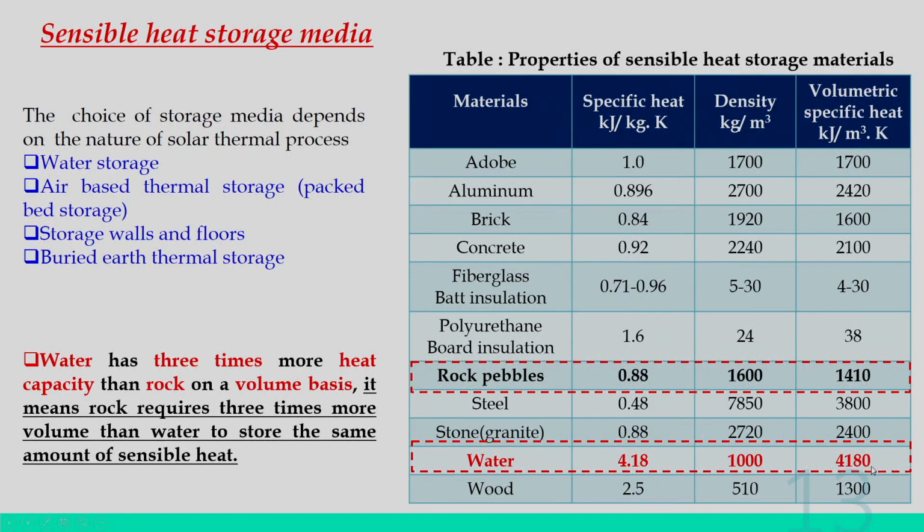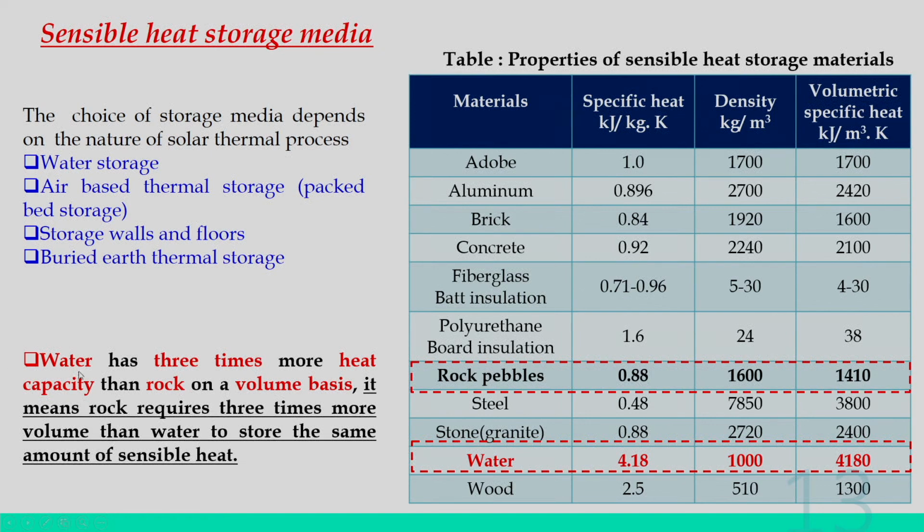If we multiply this, it becomes 4180. Now if we look at 1410 for rock pebbles and 4180 for water, 4180 divided by 1410 is about 3 times.